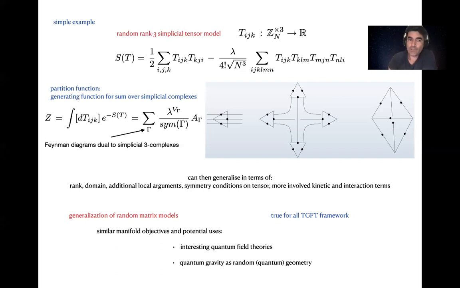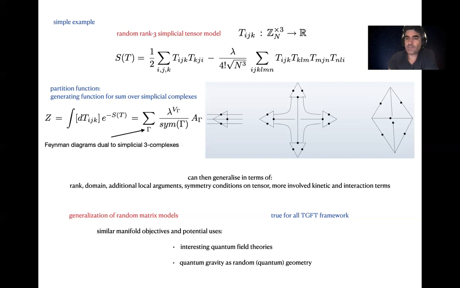The partition function, therefore, when expanded in Feynman diagrams, so perturbatively in the coupling constant, generates Feynman diagrams which are by construction dual to simplicial 3-dimensional complexes.